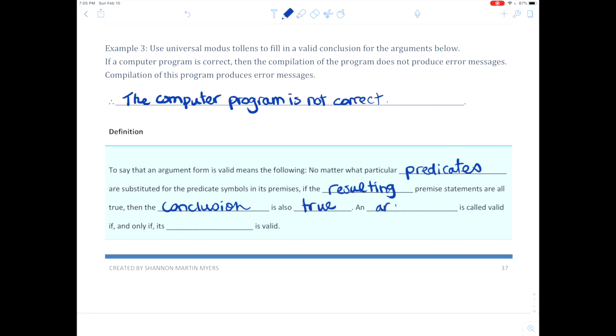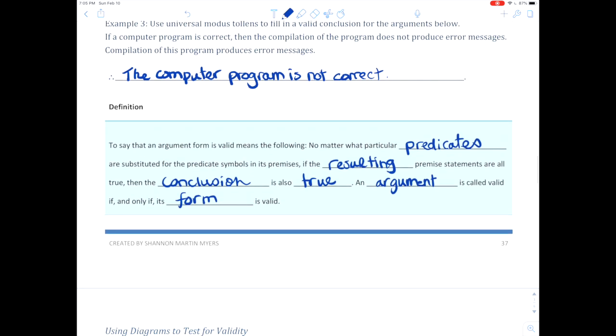An argument is called valid if and only if its form is valid.